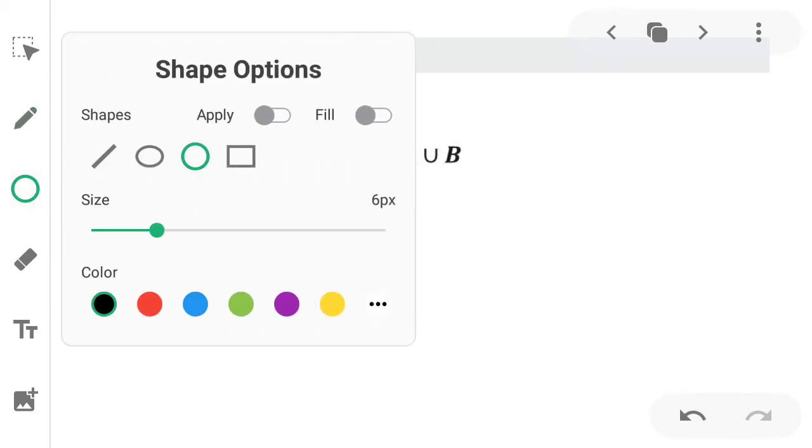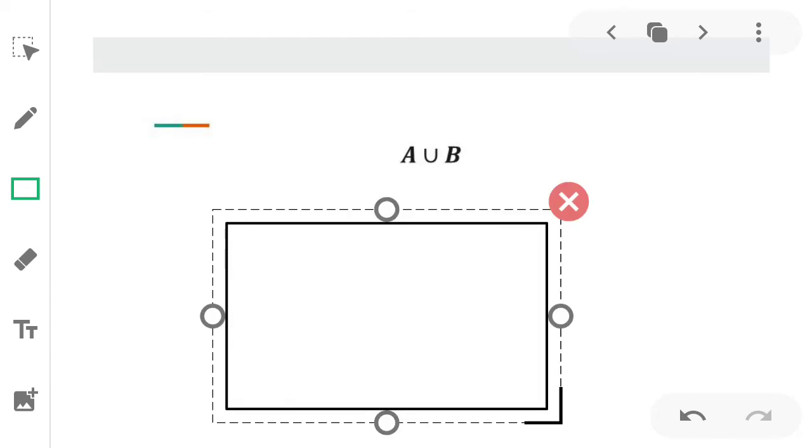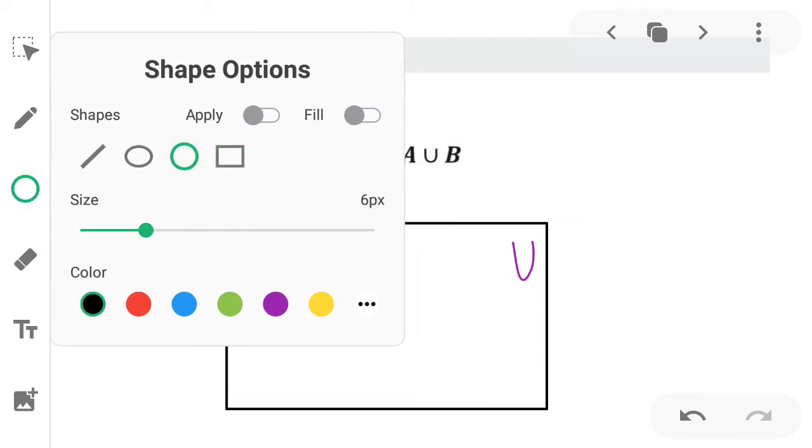Next, A union B. Here again I will first draw a rectangle to denote the universal set, and I will write U there. Then I need two circles to denote two sets.